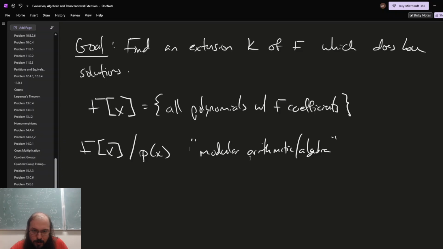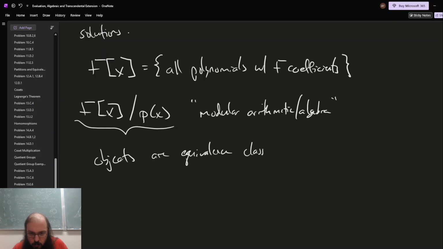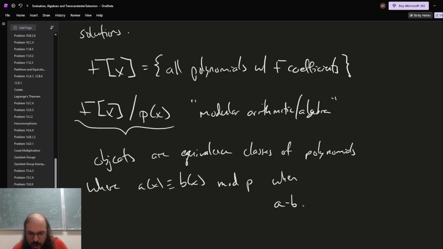So what does that really mean? In practice, the objects here are not just normal polynomials, but equivalence classes of polynomials, where a of x is said to be equivalent to b of x mod p when a minus b is equal to a multiple of p.